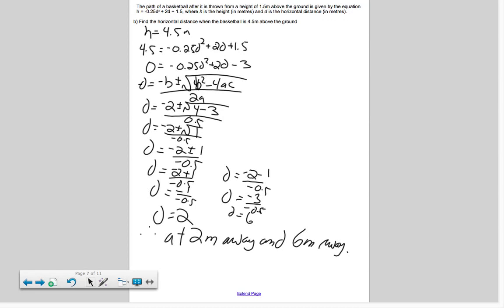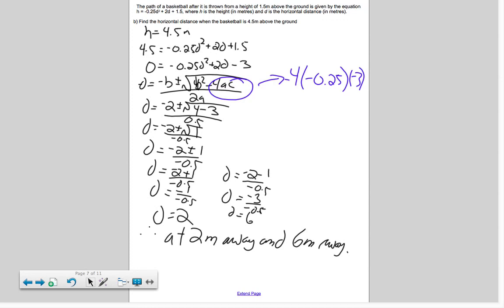Yes, I'm just a little confused. I only see C plugged in there, I don't see A. Sorry? I only see 4 minus the value of C. You talk about this part right here? Yeah. So this is 4 times negative 0.25 times negative 3.